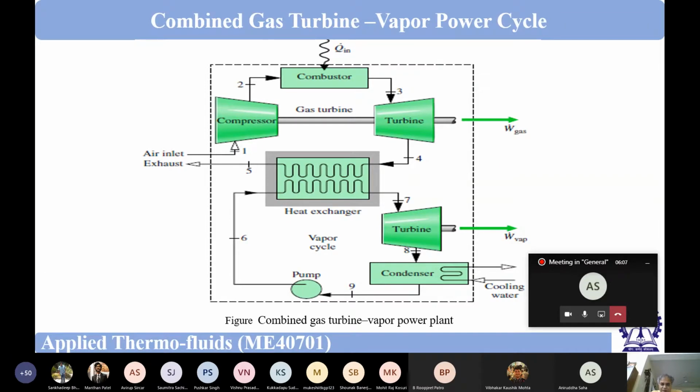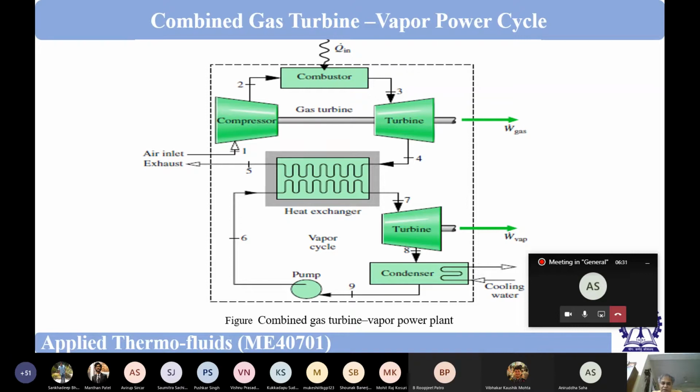Obviously, efficiency is one factor. Obviously, cost of power, that is another factor. That means what kind of fuel you are using, whether you are using a cheaply available fuel or a costly fuel. So cost of unit power, that is important.